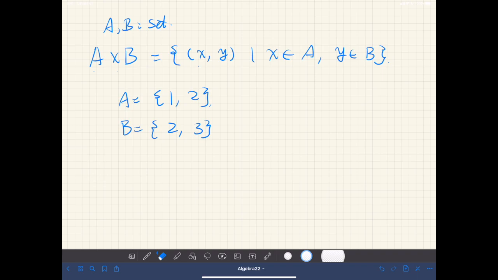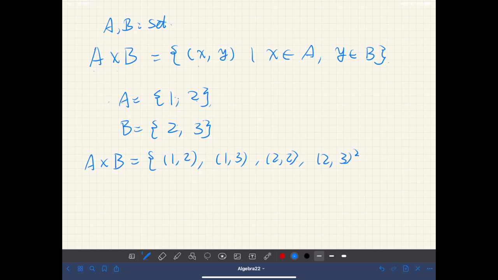Then in that case, A times B, the Cartesian product between A and B, is the set of all pairs of which the first component is an element of A and the second component is an element of B. So that would be (1, 2), (1, 3), (2, 2), and (2, 3). Like this.